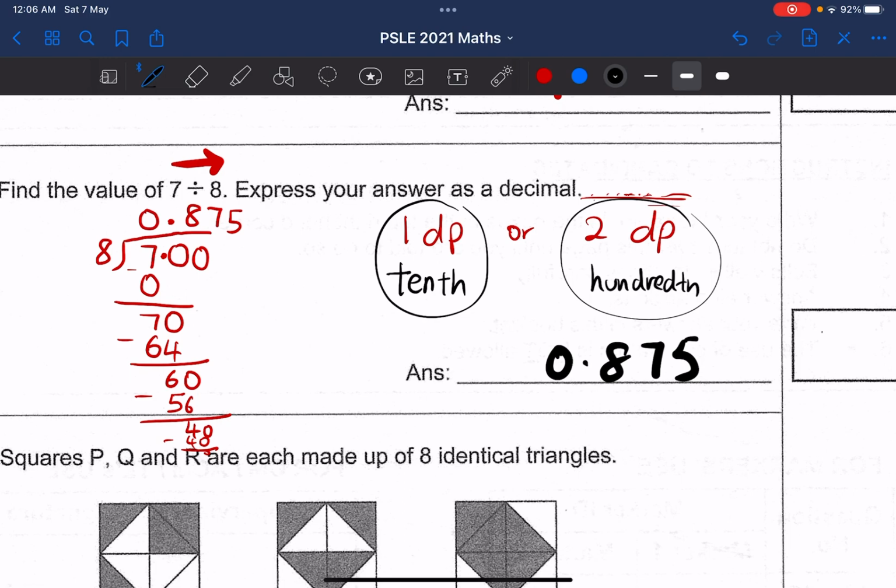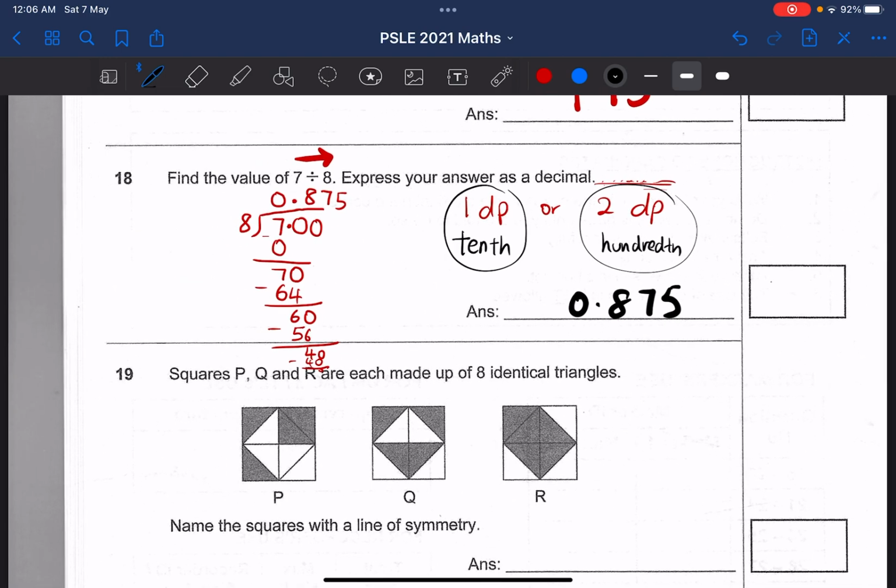Okay, now question number 19 is a line of symmetry. So turning your papers will actually help you to see much better. But for the iPad, I can't do that. So I'm just going to show you where the symmetry line is. Alright, so the third diagram is the easiest for me. Actually, the second diagram is the easiest for me. Alright, because this is quite straightforward. You can see that it's folding directly, symmetrical.